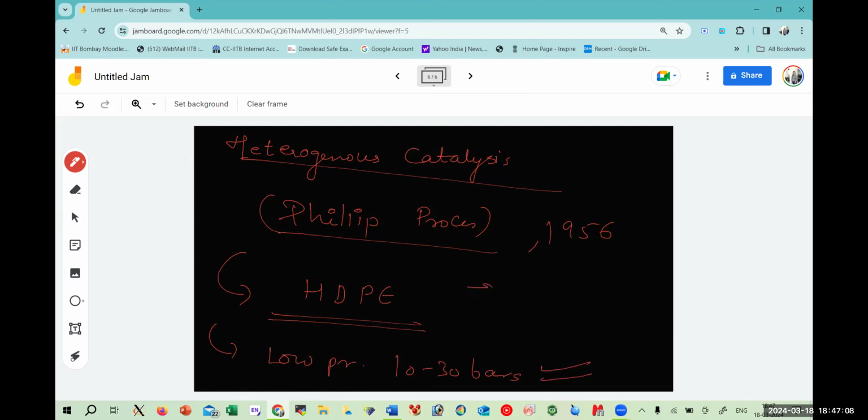They used the pre-catalyst chromium oxide on silicon oxide and Al2O3 as support. So if we have to produce LDPE, it comes at the expense of high pressures and temperatures, whereas heterogeneous catalysis, the Phillips process, has the tendency to produce high density polyethylene at extremely low pressures using the catalyst.